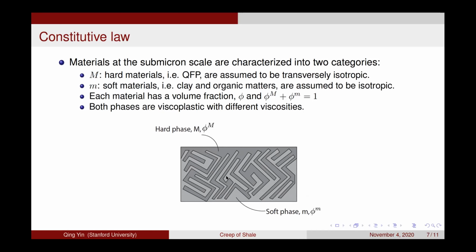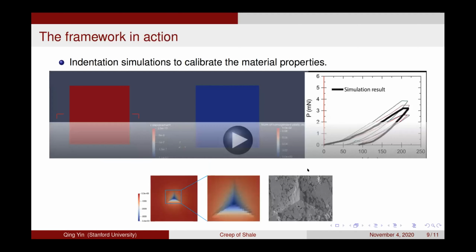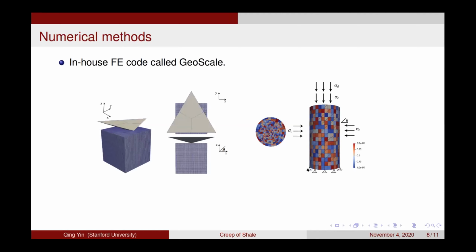Next, we need a computational framework. So here we use the numerical method using the finite element method. We developed an in-house finite element code called GeoScale. This code can simulate nano indentation, micro indentation, as well as triaxial tests with heterogeneous mesh.